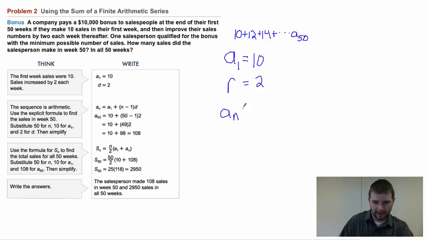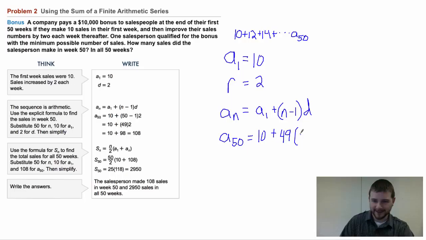In order to find our 50th term, consider the explicit formula. A sub n equals our initial value, A sub 1, plus our common difference times n minus 1. So now substituting in what we know, A sub 50 will equal A sub 1, which in this case is 10, plus 50 minus 1, I'll just write that in as a 49, times our common difference, which we know is 2.